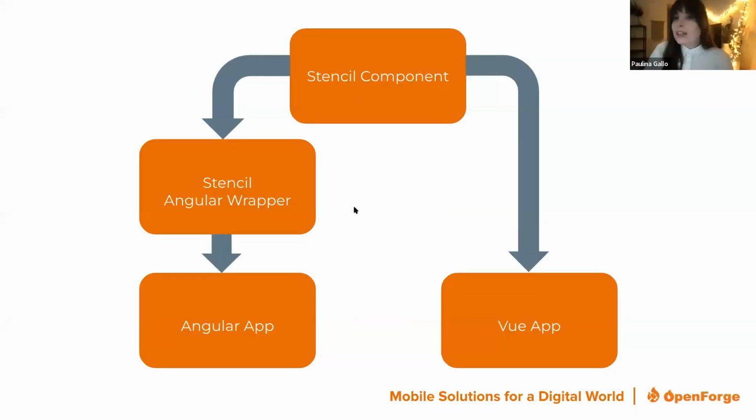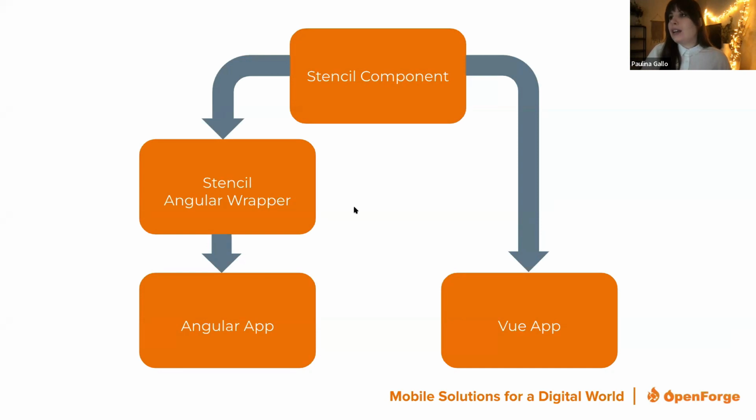Yes. So this was after digesting what we ended up doing. I felt like this visual helped explain what Fernando just said. We have our Stencil component, and we're able to directly use it in our Vue application. But Angular, on the other hand, needs an additional step, an additional wrapper.